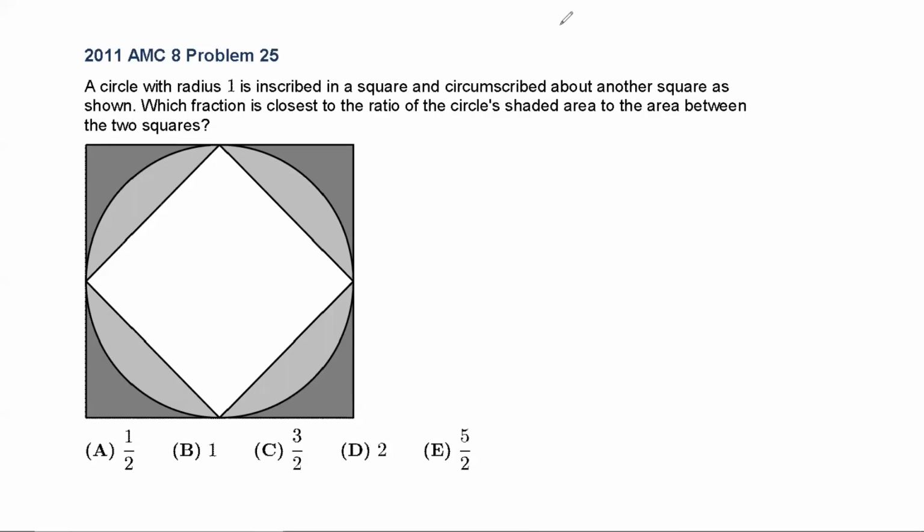So the circle's shaded area is this area right here. So it's the 4 gray parts. And then the area between the two squares is all of the shaded parts, the dark gray plus the light gray.